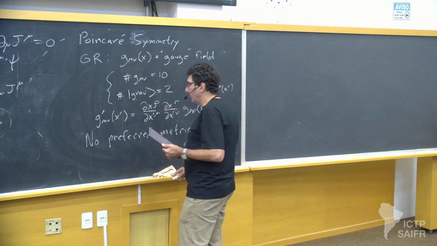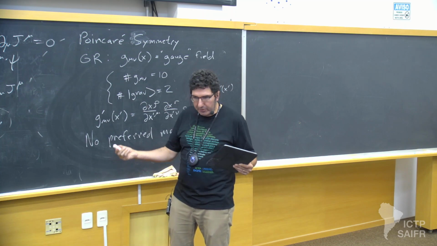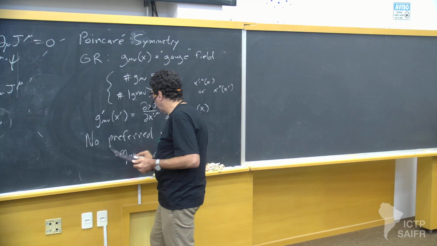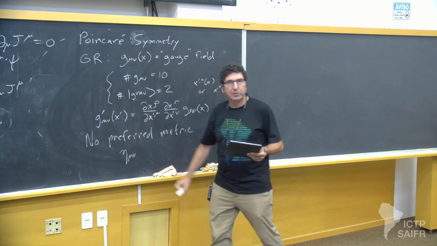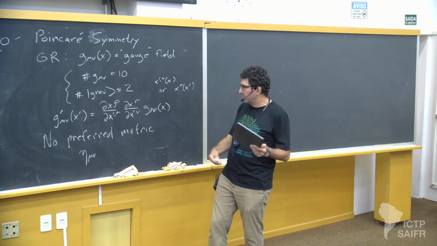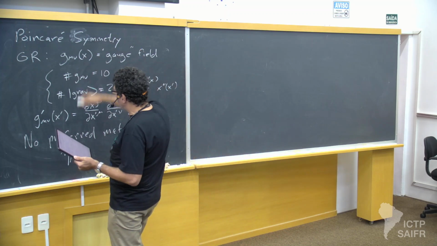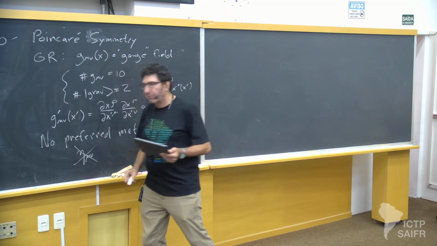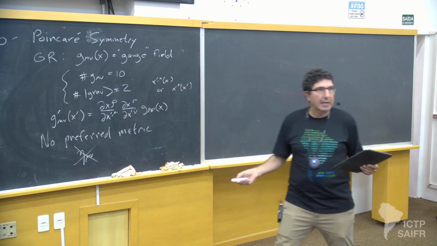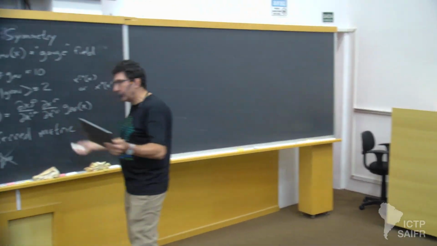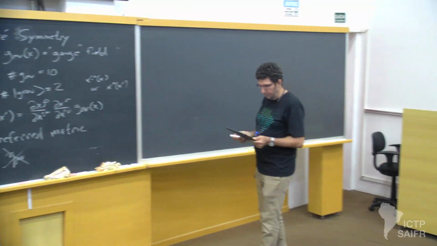When you open the first page of your quantum field theory book, they tell you that the metric is called, well, I call it eta mu nu because I don't want to call it G mu nu, but anyway, it's just the standard Minkowski metric. But in this theory of general relativity, there is no preferred metric. There's no Minkowski metric. There's no Minkowski invariance. There's just this gauge invariance here, okay?